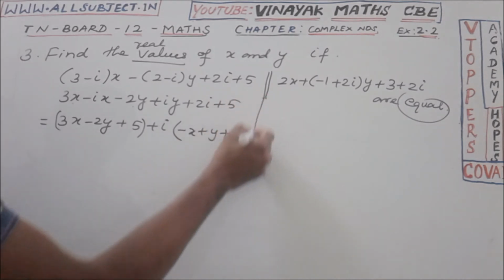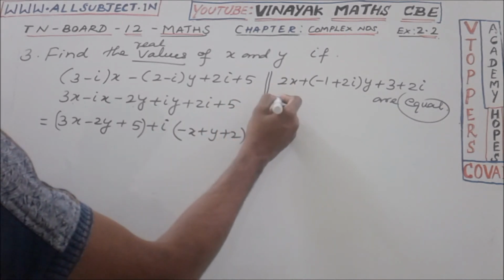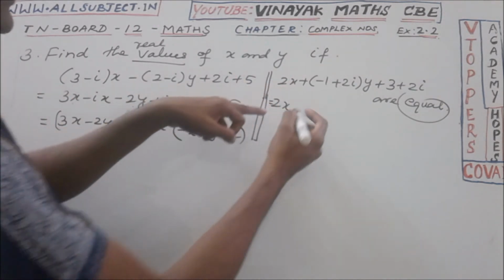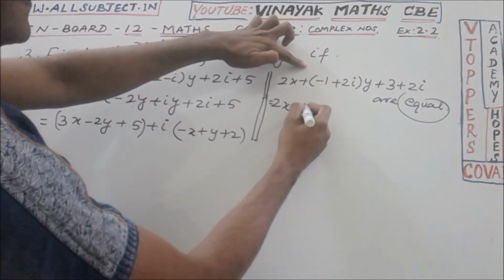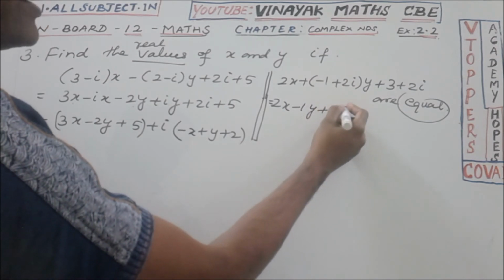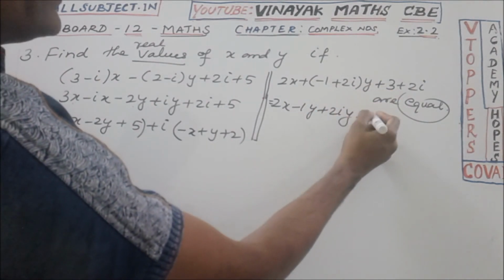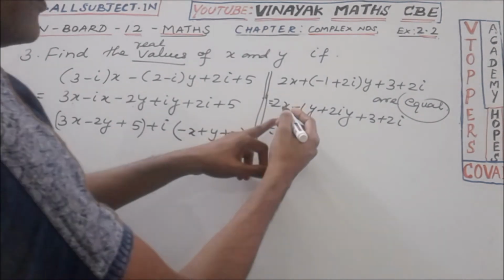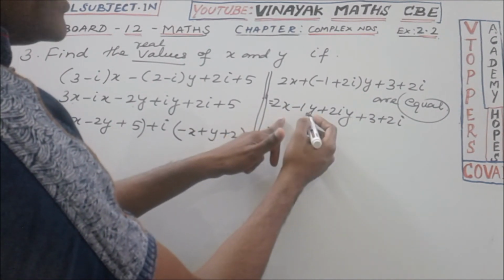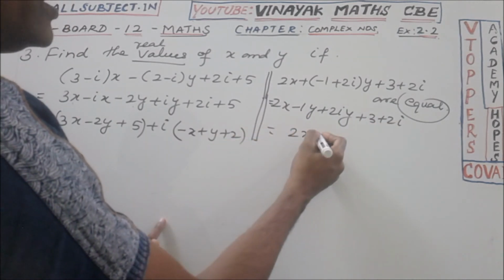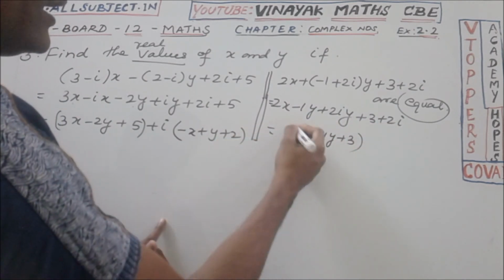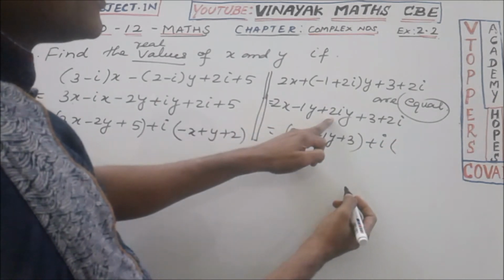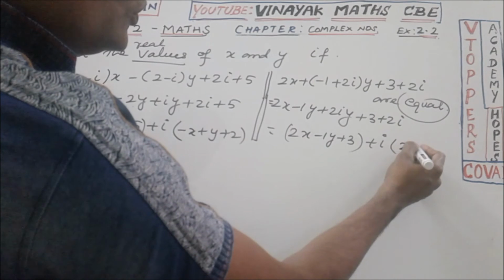Now here also simplify it into real and imaginary parts: 2x minus y plus 2iy plus 3 plus 2i. Forming real and imaginary parts, the real part is 2x minus y plus 3, grouping the real terms, plus i into the imaginary term, 2y plus 2.